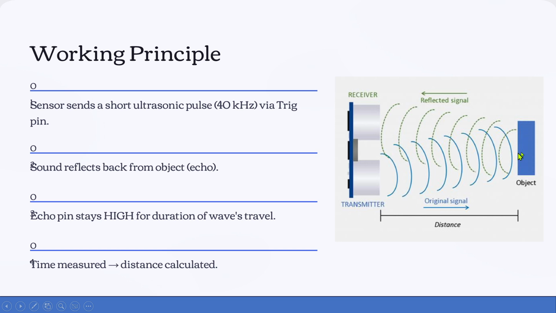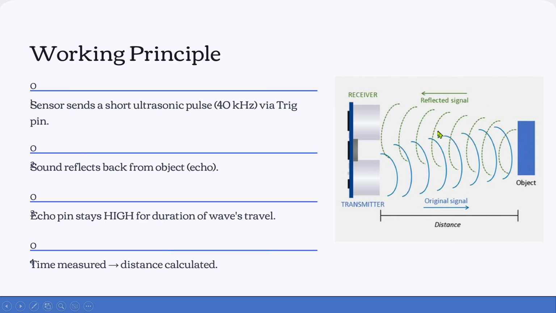When I place some object here, like a car or a human, or some other box, any object, the sound will go and fall on that object. The object will reflect that sound signal. The original signal is what we send, and we are getting the reflected signal back from the object.